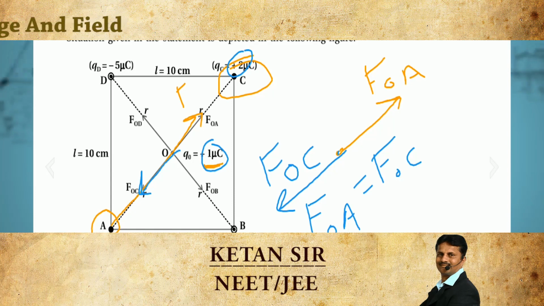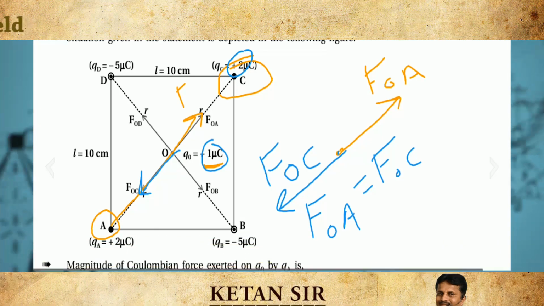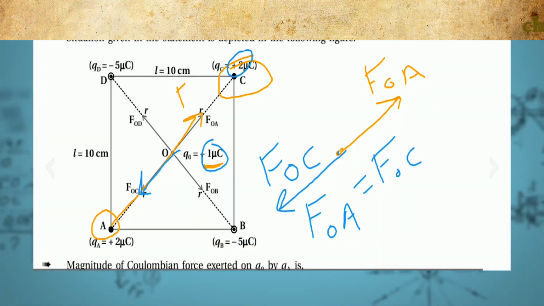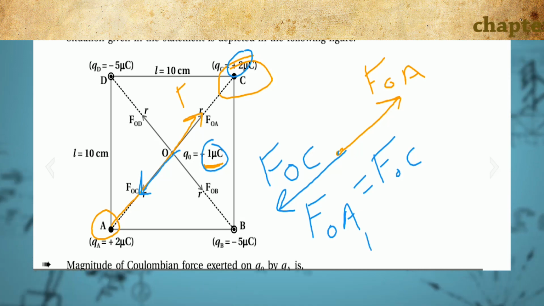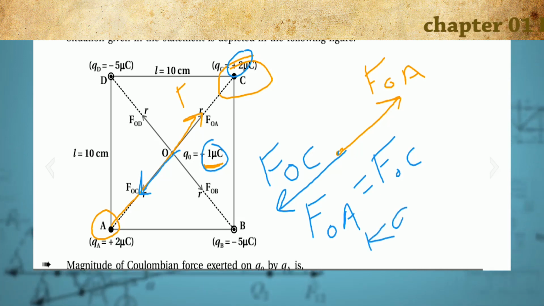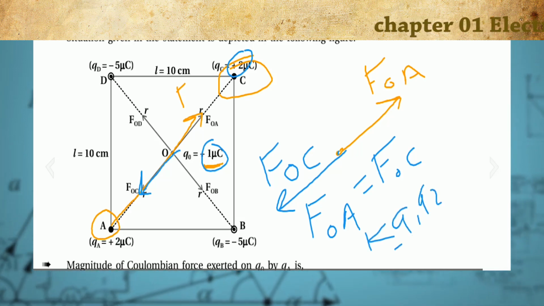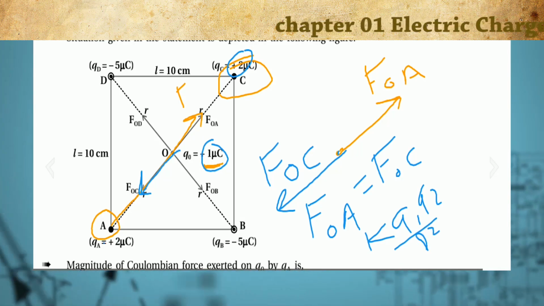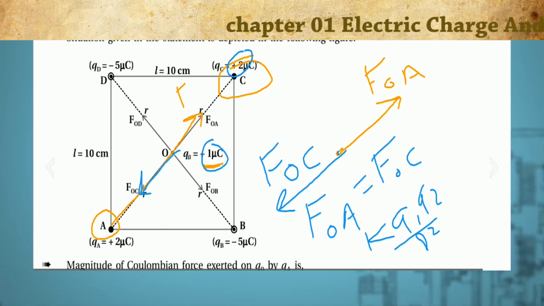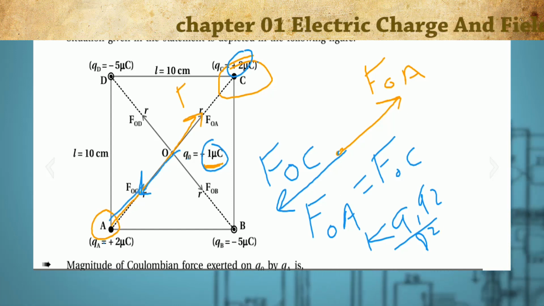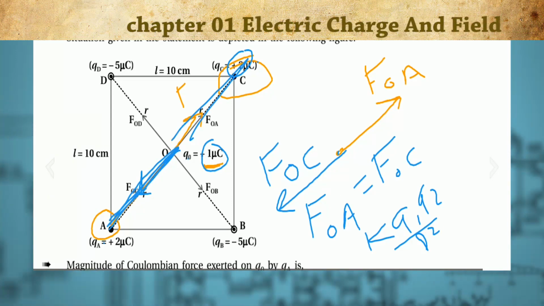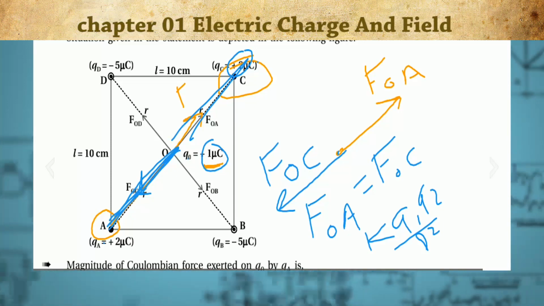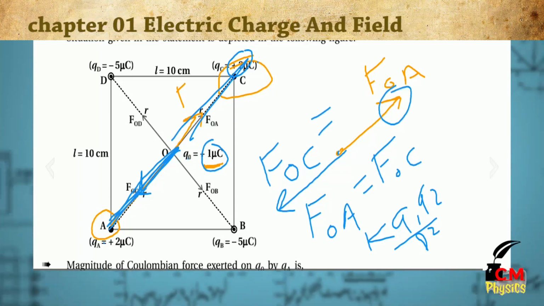How much value? The value is K Q1 Q2 upon R square, and everything is the same. Q1 is the same for both, plus 2 μC, Q2 is the same, 1 μC, and the distances are also the same. Therefore, both forces are equal in magnitude but opposite in direction.